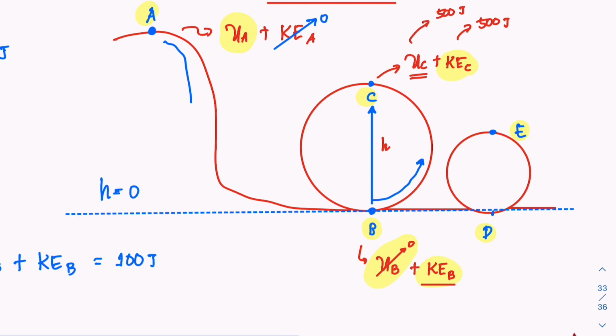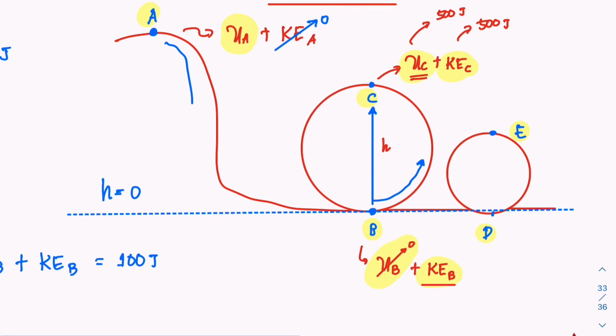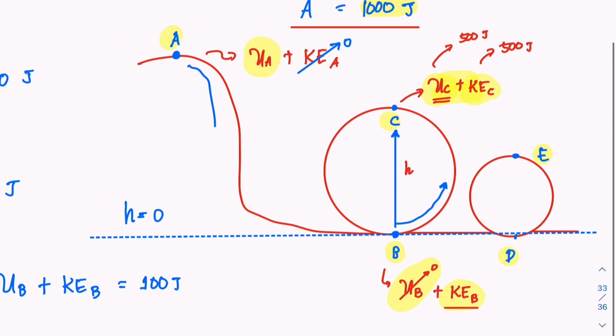Why? Because the sum of the potential and the kinetic energy, which we call mechanical energy (ME), is conserved. The entire mechanical energy over this path should always be 1,000 joules. That's why both quantities adjust to 500 and 500.